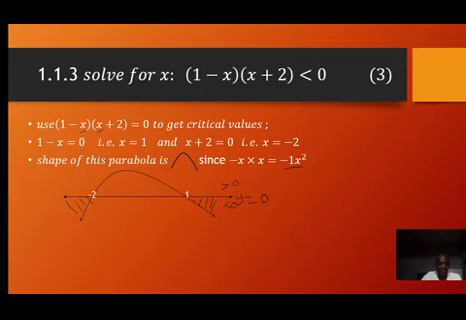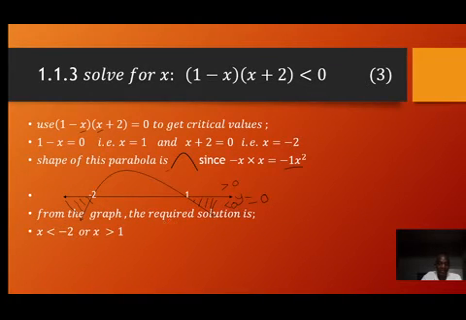In this particular case, as you see where I've shaded, it's going to be x less than -2 or x bigger than +1, because you see it's coming this side. So that's how I get this solution, and my answer is x less than -2, as you see it is below the x-axis, or x is bigger than 1.